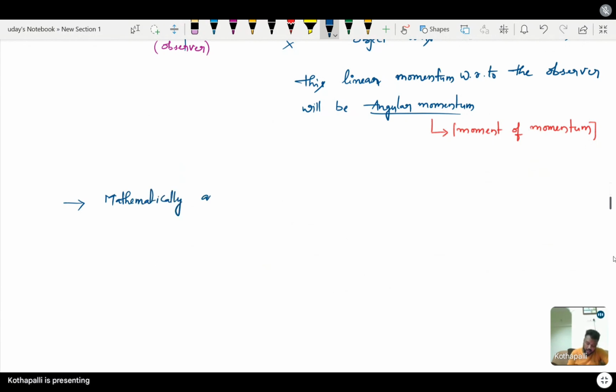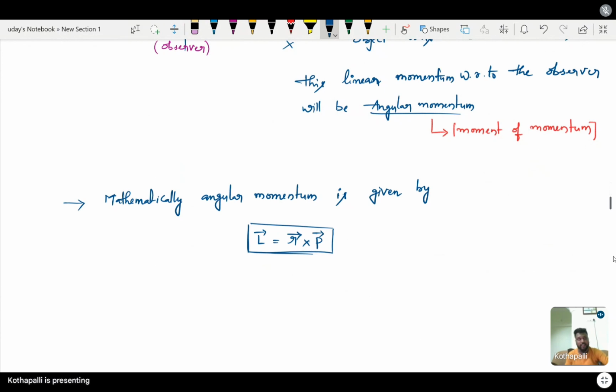Mathematically, angular momentum is given by L vector equals R vector cross P vector. Very important expression. What is it? It is the cross product of position vector and linear momentum vector.